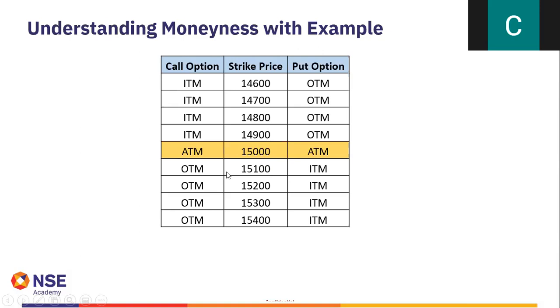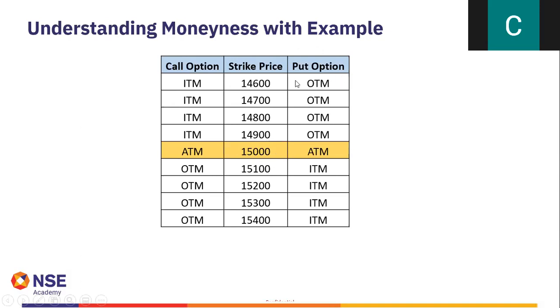So all strikes above the spot price will be OTM because these will generate negative returns. Obviously, I will not buy at 15,100 and sell it at 15,000. I will not buy at 15,200 and sell it at 15,000. So for call options, these are in the money, these are out of the money.